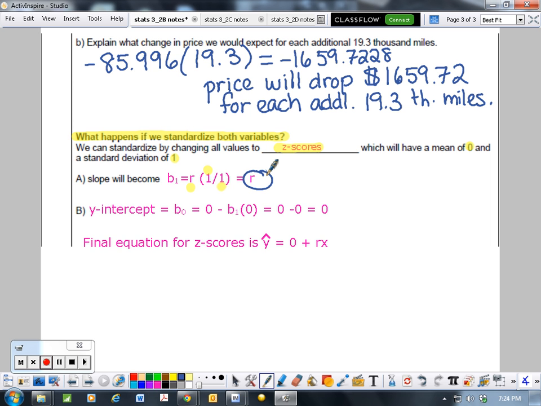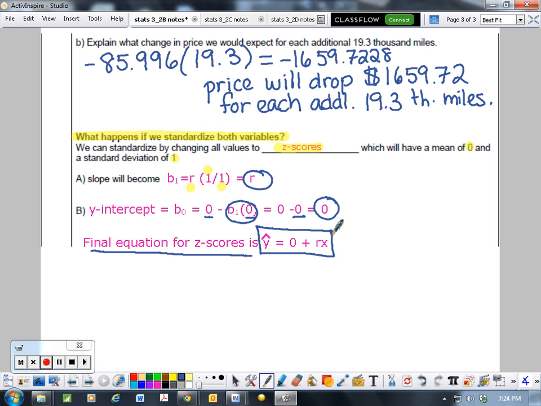Now our y-intercept is going to be our means plugged into that equation. So now all of a sudden I've got 0 minus my slope times 0. Well, anything times 0 becomes 0, and 0 minus 0 is 0. So now our equation for z-scores is this.